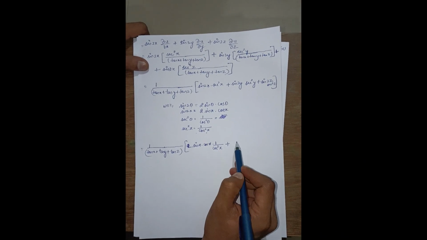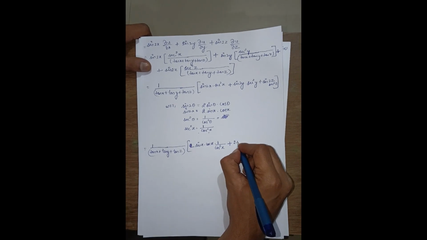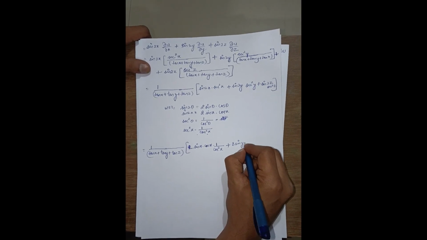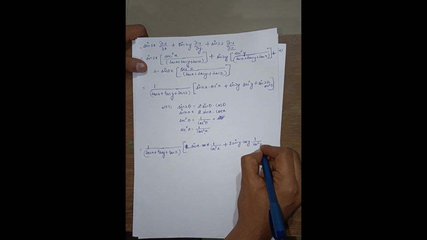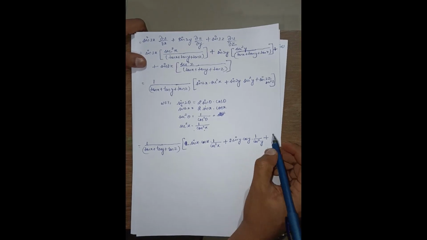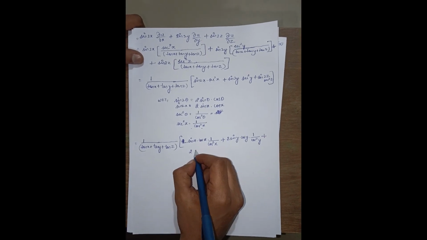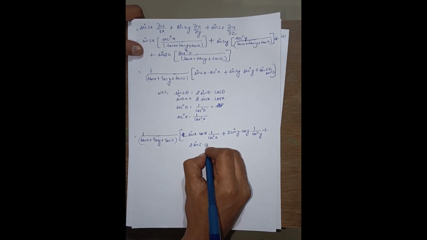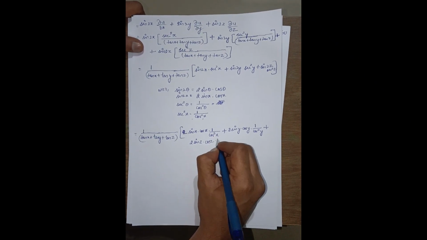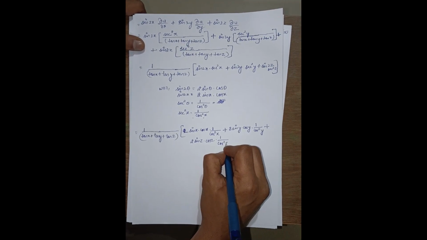In place of x we put y, that is 2 sin y into cos y into 1 by cos square y, plus again the same, in place of y you put z, 2 sin z into cos z into 1 by cos square z.